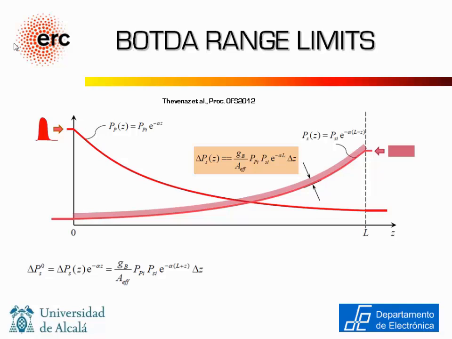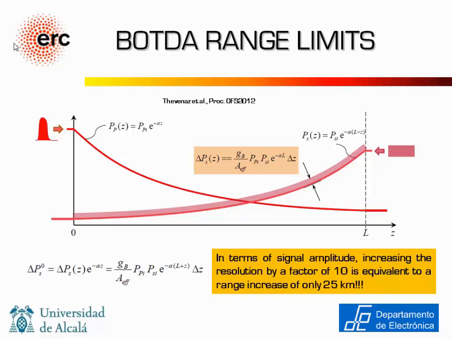So essentially, just putting this into figures, in terms of signal amplitude, if you increase the resolution by a factor of 10, this is essentially equivalent to raising the range by only 25 kilometers. So putting this very straight, if you improve your resolution by a factor of 10, you will hit the headlines. But if you improve your range by just 25 kilometers more, nobody will really care too much.